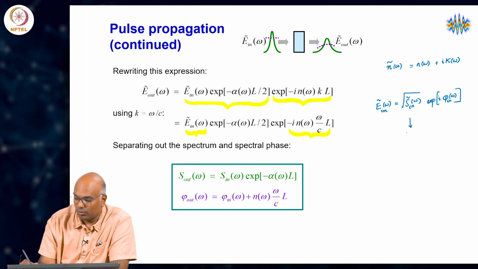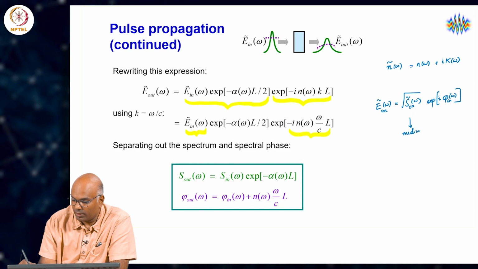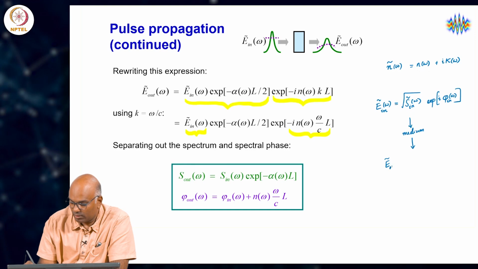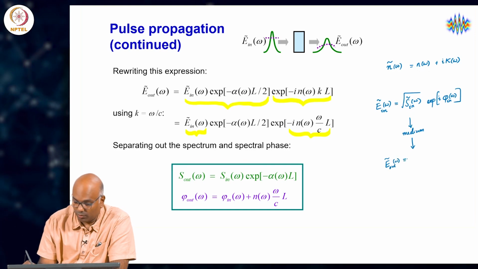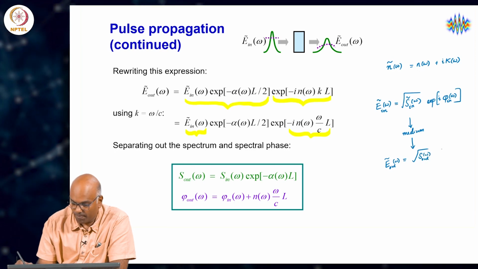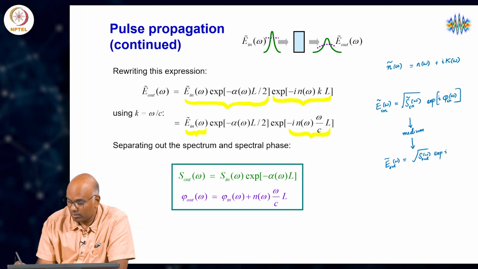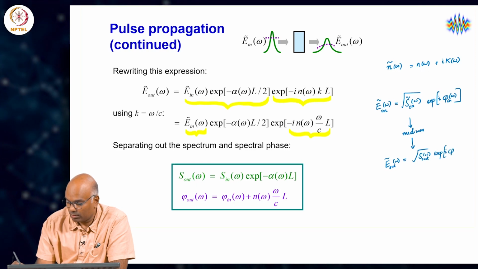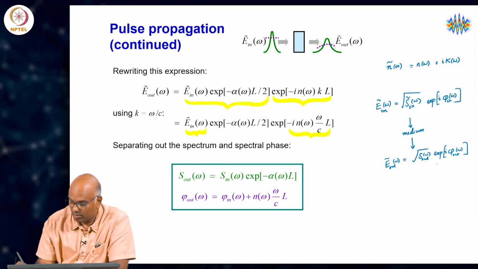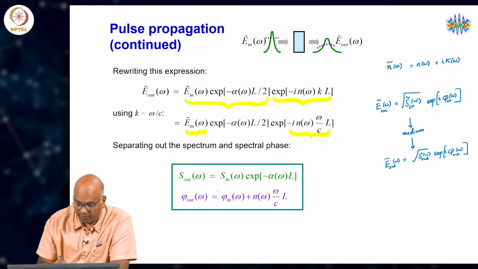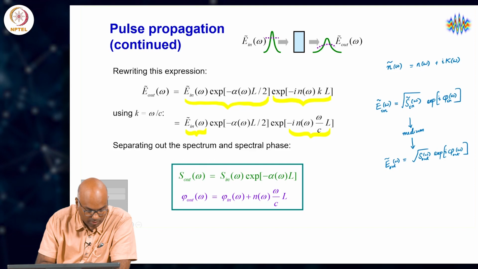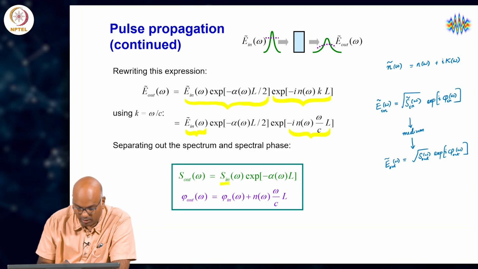So, this goes through the medium of interest and comes out as E out of omega, where we would of course have S out and phi out, where S out and phi out are listed here as they are.